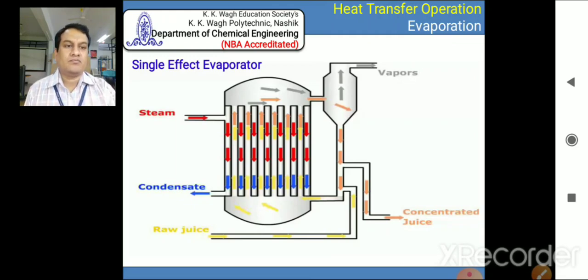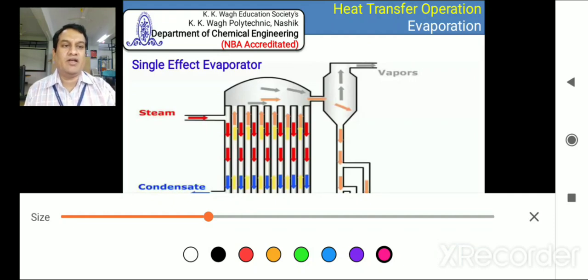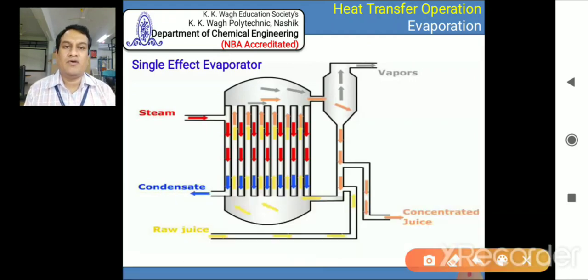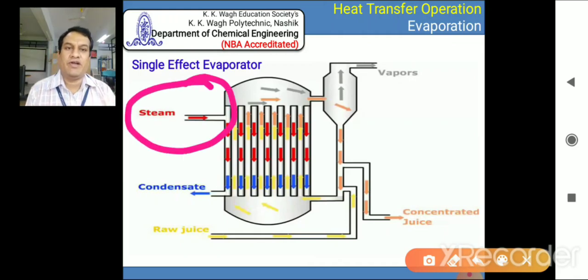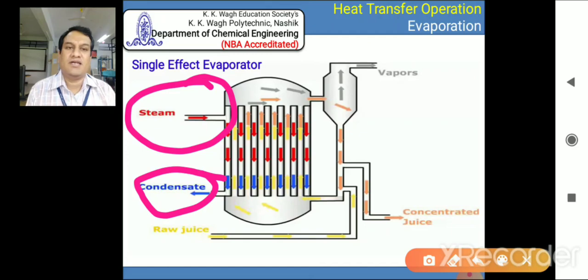So this is the diagram which shows the functioning of the evaporator, how it is going to convert. This is the steam. We are providing this steam inside the tube in this diagram, and condensate comes out from inside the tube.